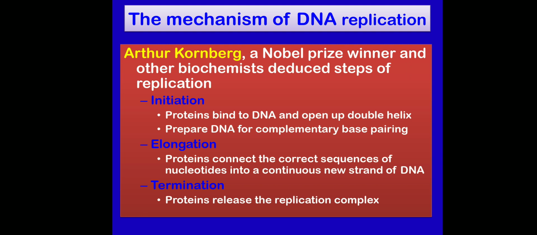In initiation, proteins bind to DNA and open up the double helix, preparing DNA for complementary base pairing. In elongation, proteins connect the correct sequence of nucleotides into a continuous new strand of DNA. And in termination, proteins release the replication complex.